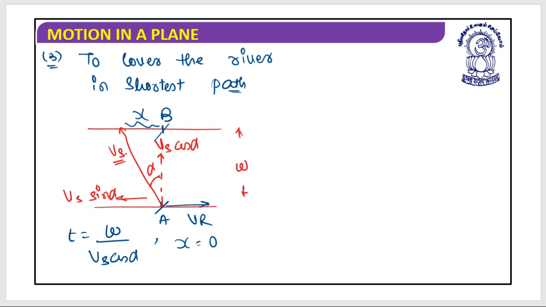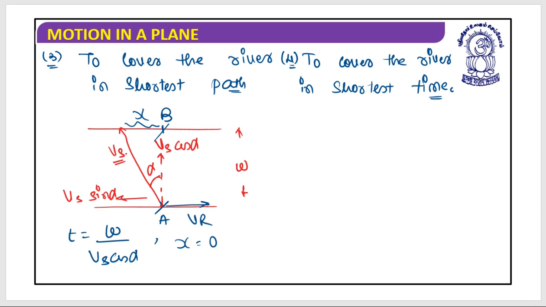So to cover the river in the shortest path, you need to just swim by an angle of alpha with vertical. The next, to cover the river in shortest time. Now you need to cover the river in the shortest possible time.